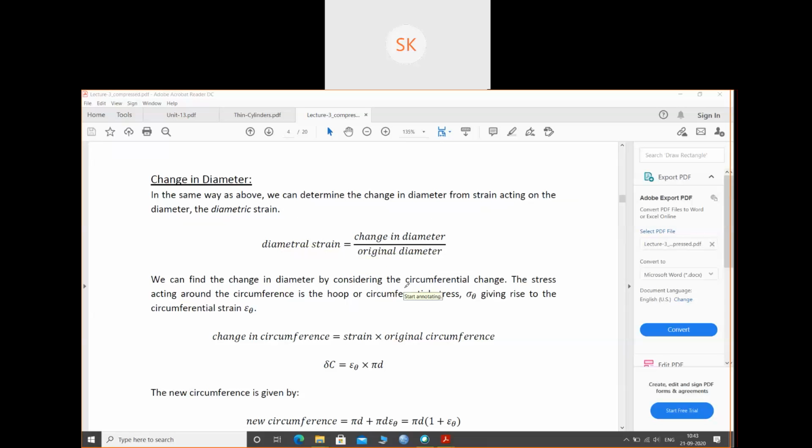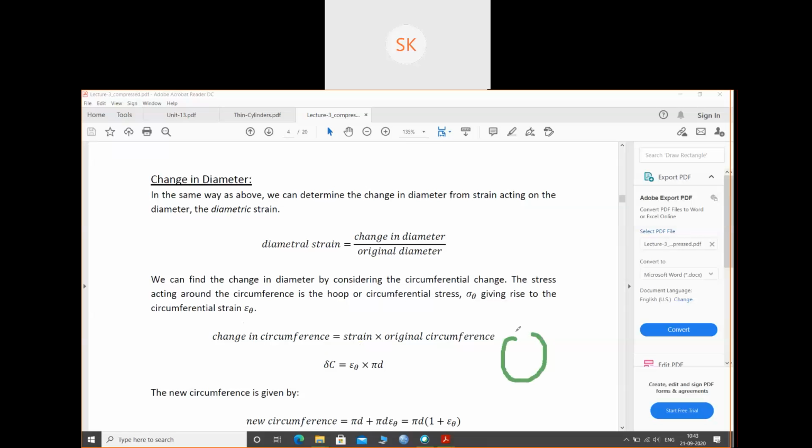We can find the change in diameter by considering the circumferential change. The stress acting on the circumference is the hoop or circumferential stress sigma theta, giving rise to circumferential strain epsilon theta. As we discussed, hoop stress will try to increase the diameter of the vessel, and that affects the circumference.